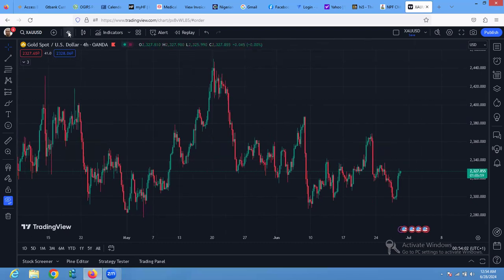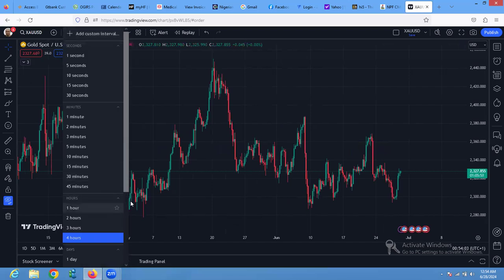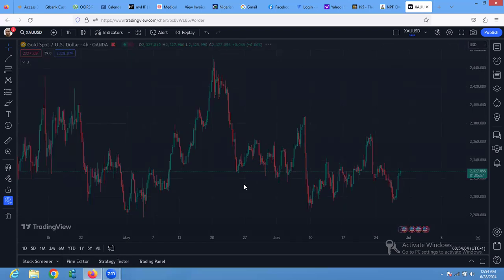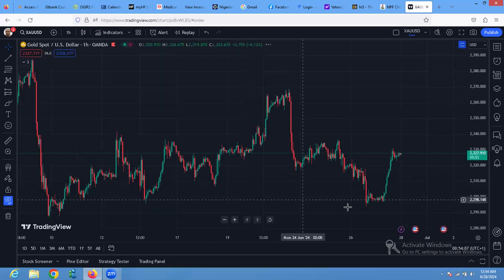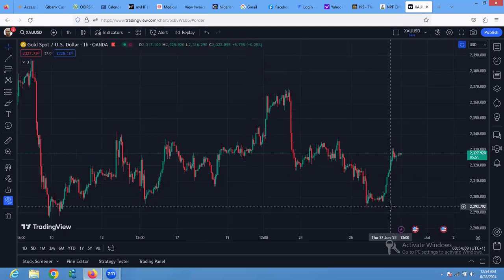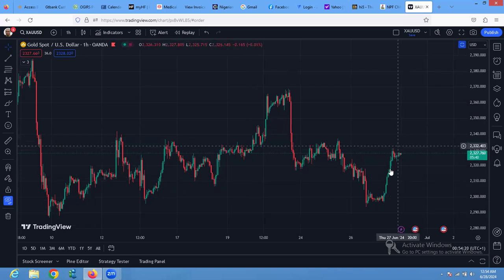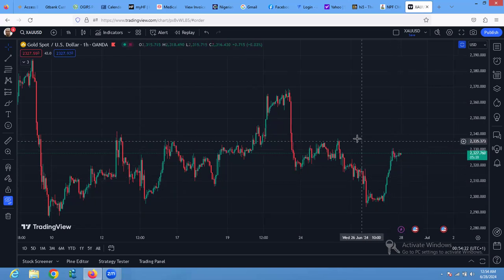If I go to the 1-hour time frame, this is 22.93, 80 thereabouts. So that's where we saw this reaction. There is an impulse, and once we break out of 23.38, then we are back in uptrend.